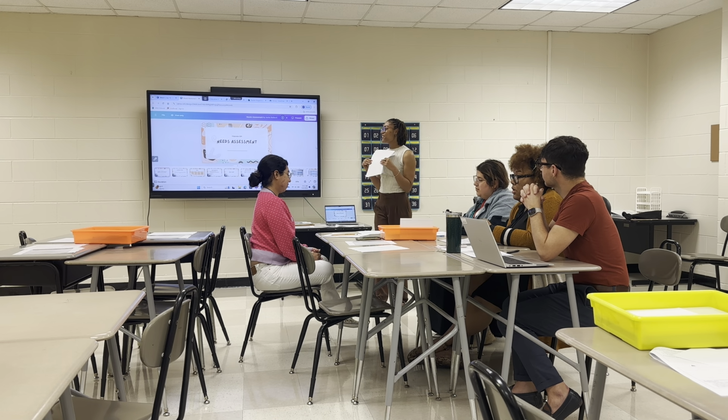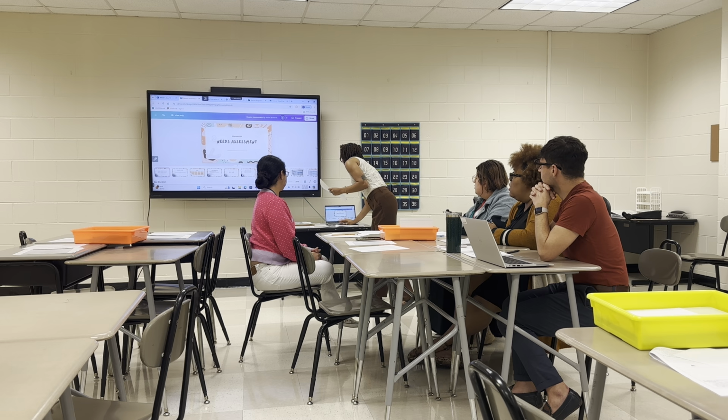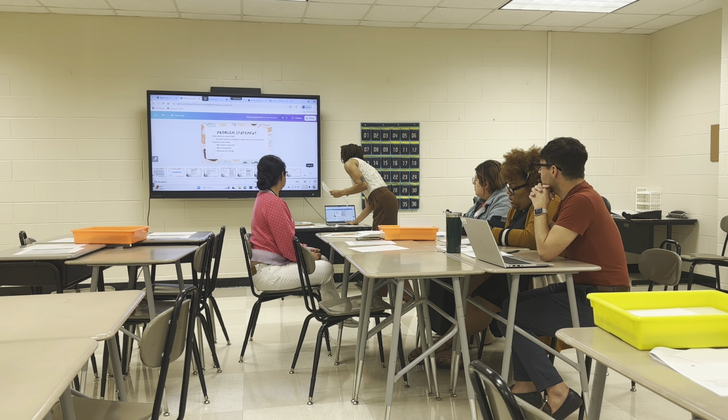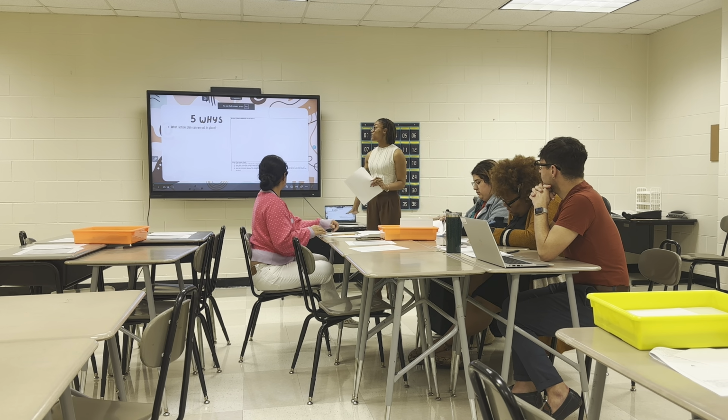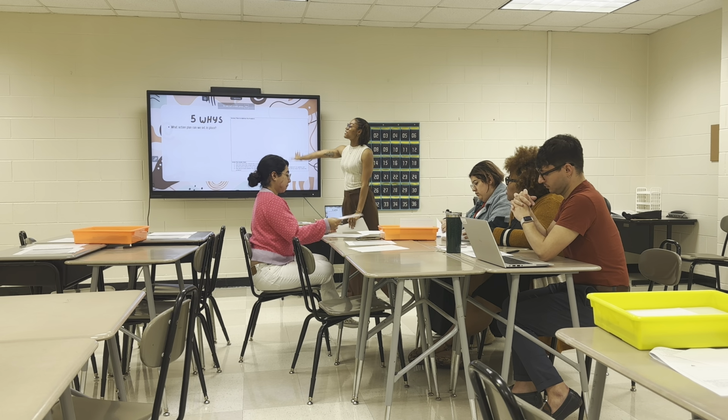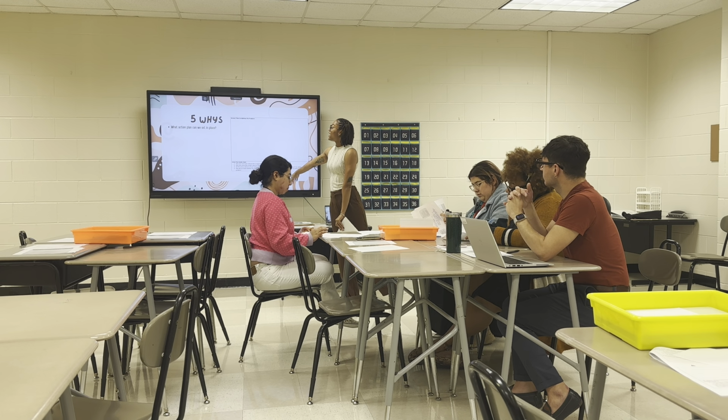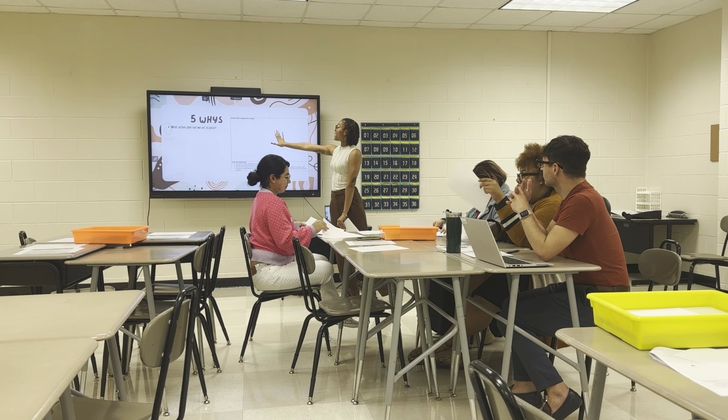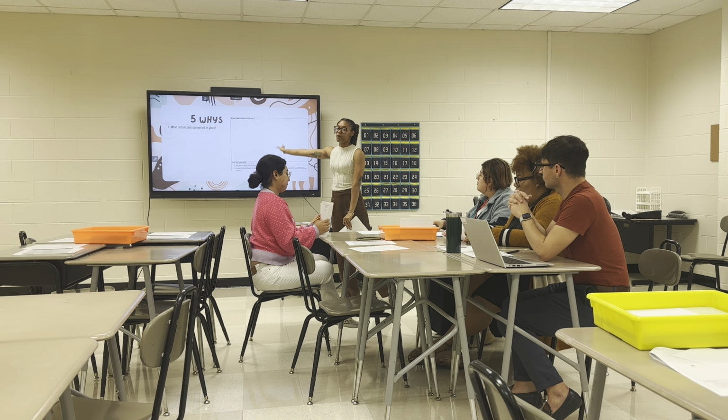So now, we are going to come up with our action plan. On your other page, you should have a blank page that looks like this. And it should say action plan to address the problem.